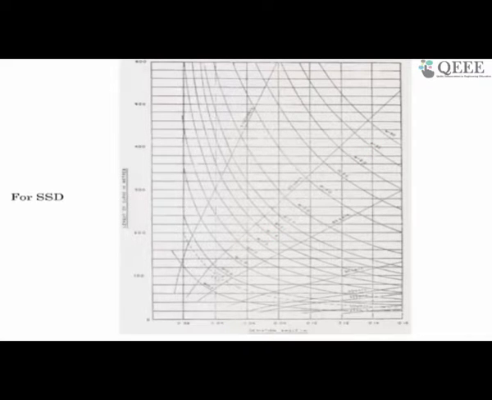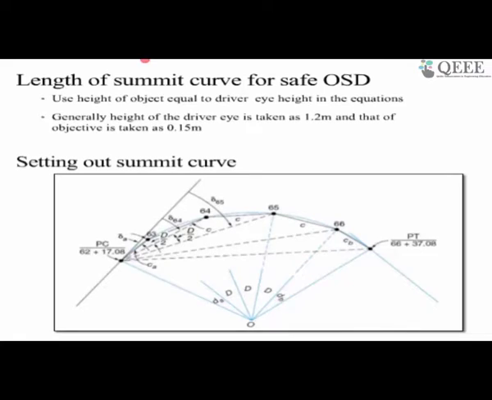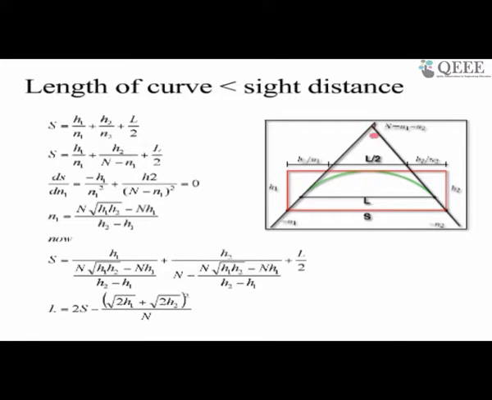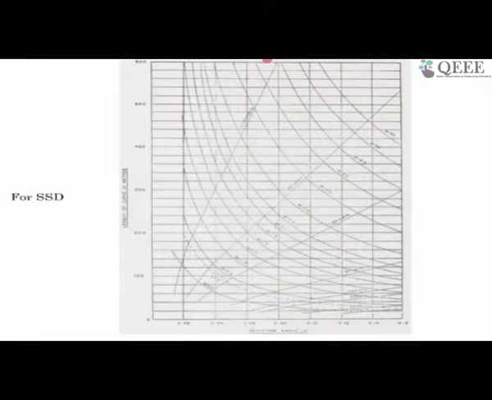M is nothing but, I'll go back to this curve, the distance from this change in gradient to the top of the curve. If we know this distance, then we can find the length of the curve. Or if you want to lay out the curve, you can find it this way.